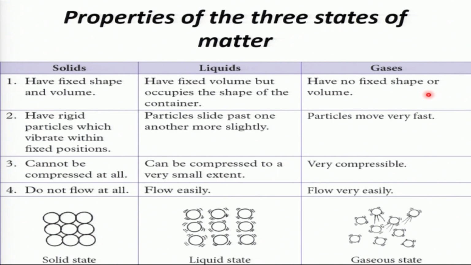The shape of the liquid is taken according to the shape of the container in which the liquid is poured, as I gave examples. Then the gases do not have a fixed shape. All right? They also take the shape of the container. The only difference between the liquid and the gases is that for gases, you need to cover the container such that you maintain the gas in that container, and it takes the container's shape.